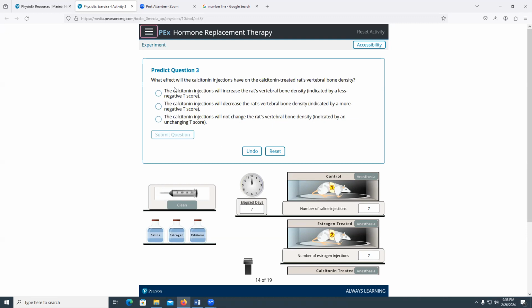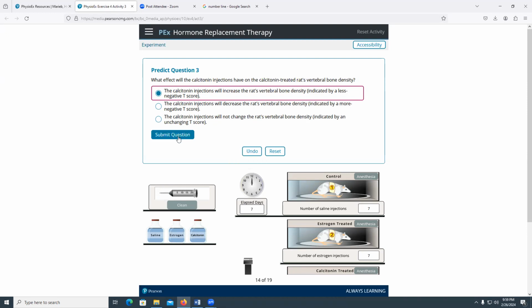Okay, what effect will calcitonin have? Well, calcitonin injections will increase the rat's vertebral bone density. So we want a less negative T-score.